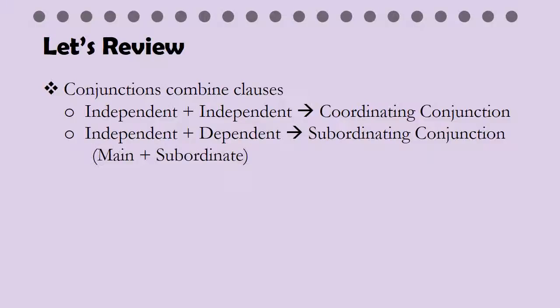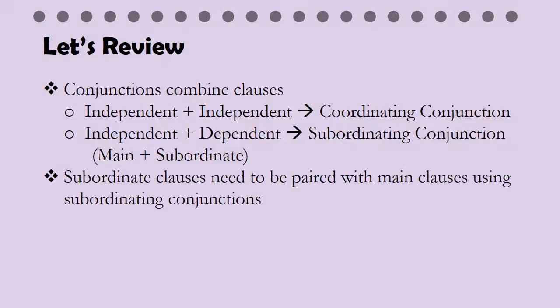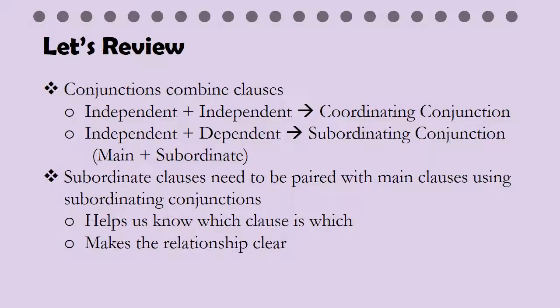Remember that we call independent clauses main clauses and dependent clauses subordinate clauses because it helps explain how they are used in these types of sentences. Subordinate clauses and main clauses need to be combined using subordinating conjunctions, which help us to know which clause is which, since the subordinating conjunction always comes before the subordinate clause. And it helps us understand how the main and subordinate clauses are connected, what kind of a relationship they have.